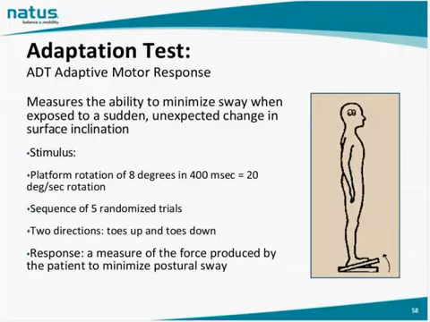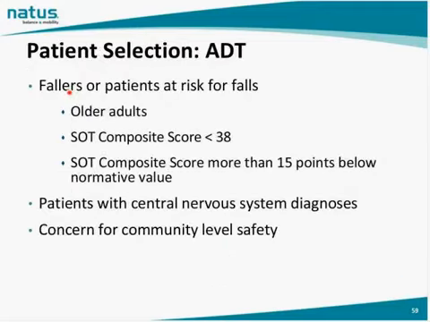The last part of computerized dynamic posturography is the adaptation test. Now what we're doing is simply rotating the platform up or down 8 degrees relatively slowly, 20 degrees per second, looking basically to see what lower limb flexibility, range of motion in the ankles, what that performance looks like.